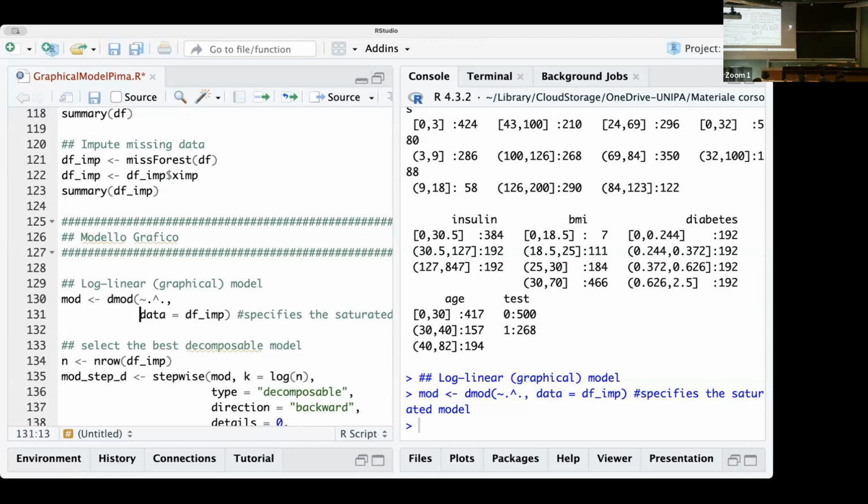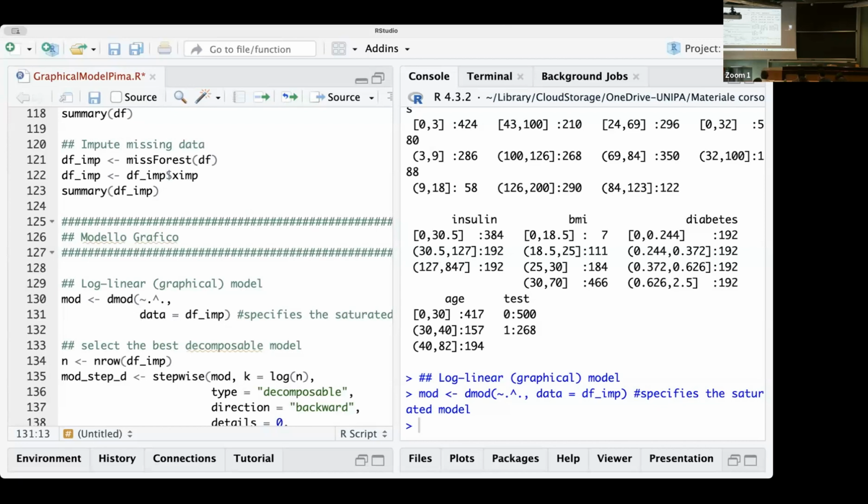Well, this one type is decomposable or not, and this depends a little bit on how much you want to be sure about your final graph. Let's say that if you have a lot of data and you have few variables, you can use non-decomposable models.